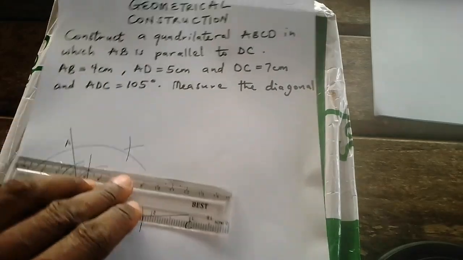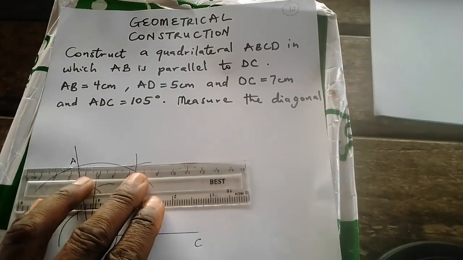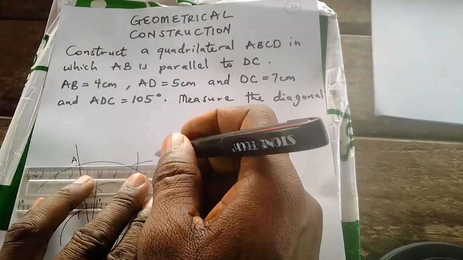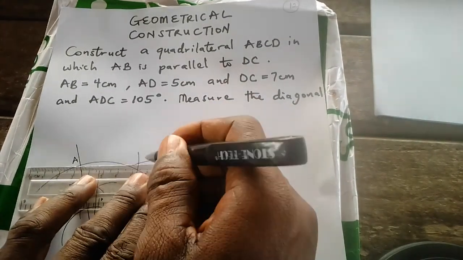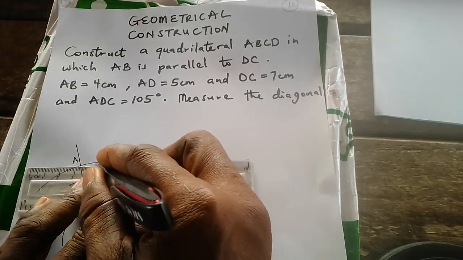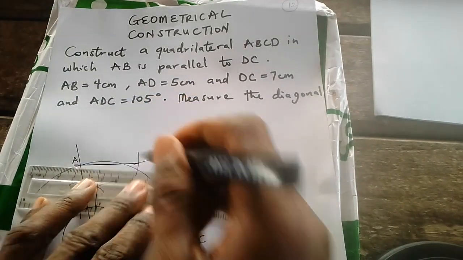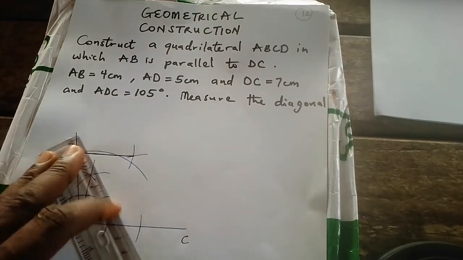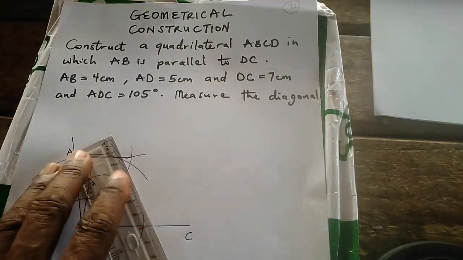So the point of intersection there, I will join it together with A to meet at A. Then you realize that this line will give me 4 centimeter.